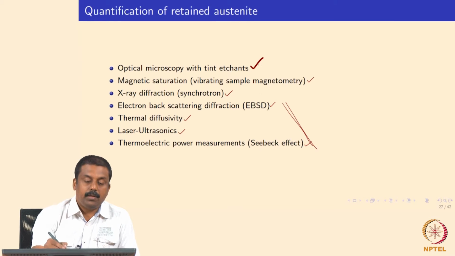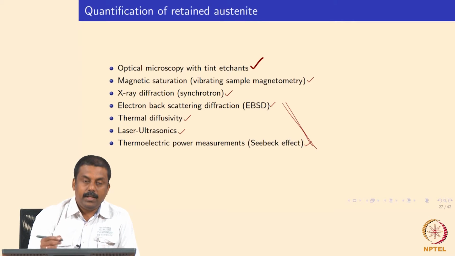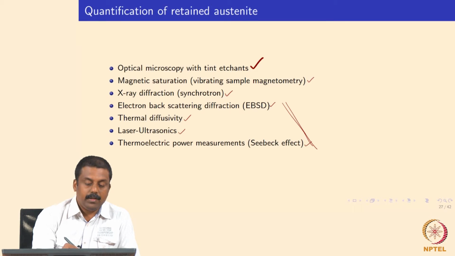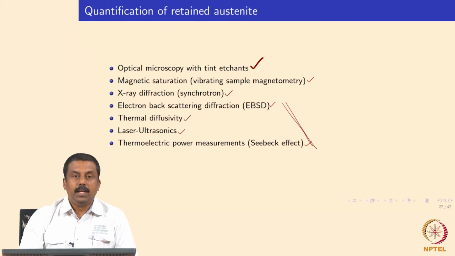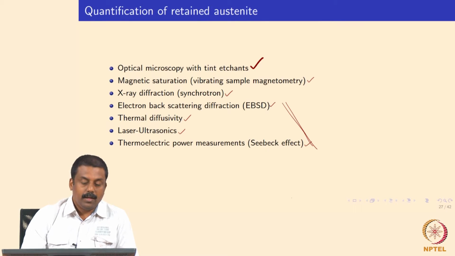EBSD is again similar to optical microscopy, where we have only two-dimensional imaging, so that you may get only the retained austenite fractions at given locations of the scans. And the thermal diffusivity method works by measuring the heat transfer as a function of microstructural constituents, and by changing the transfer characteristics, we can also measure the exact amount of retained austenite.